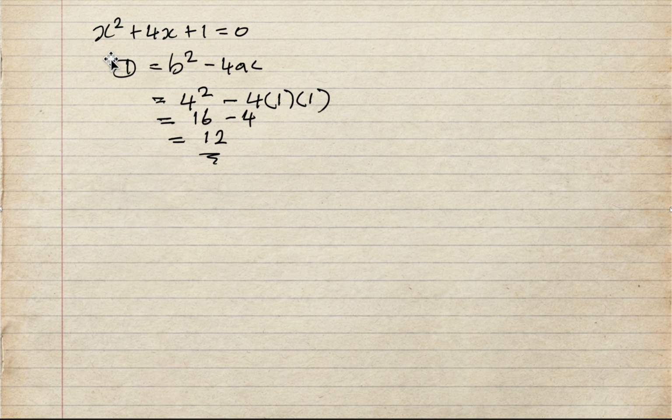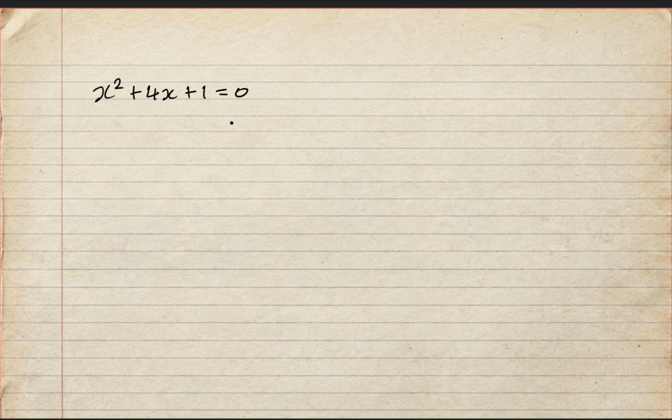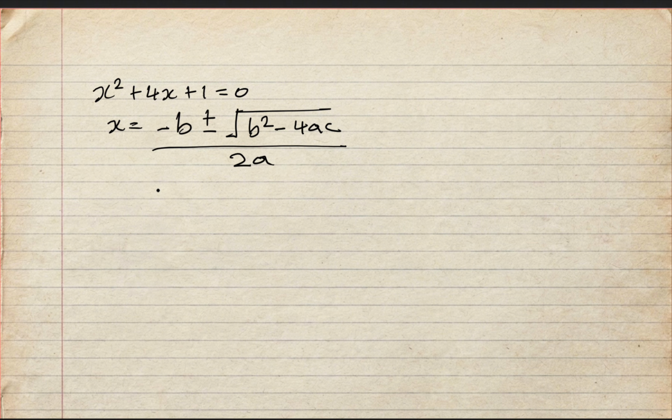So this is a perfect way of knowing if you can use the formula method or the factorization method. So let's just go straight to the formula. So x is equal to minus b plus or minus the square root of b squared minus 4ac, all over 2a.